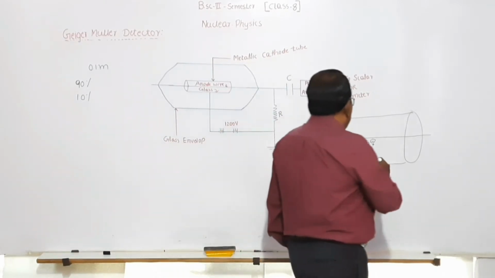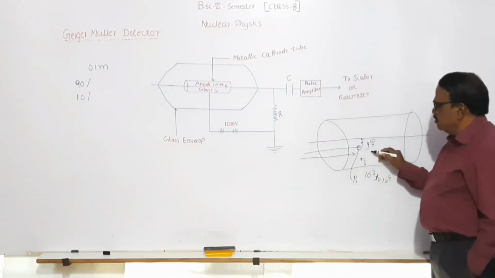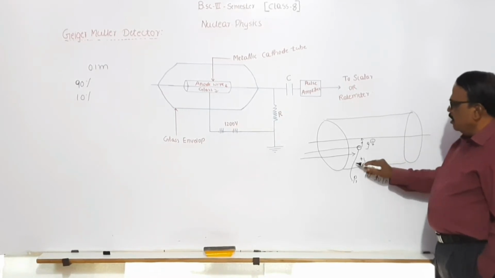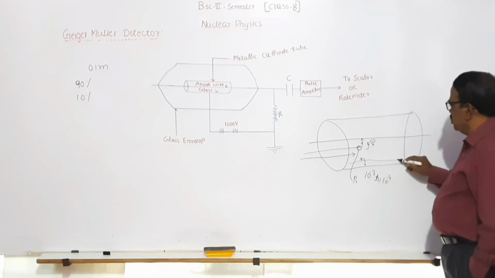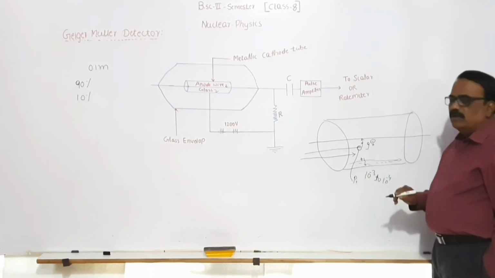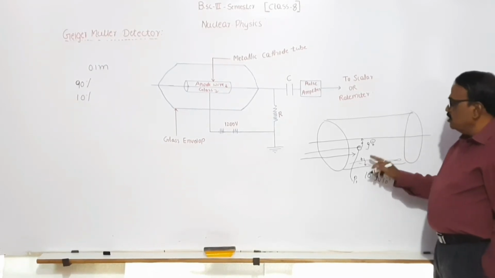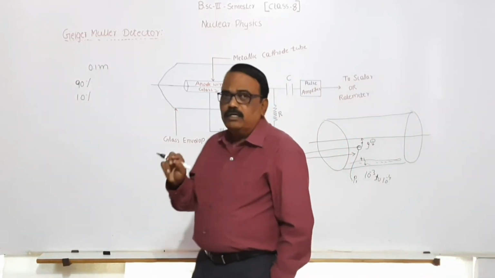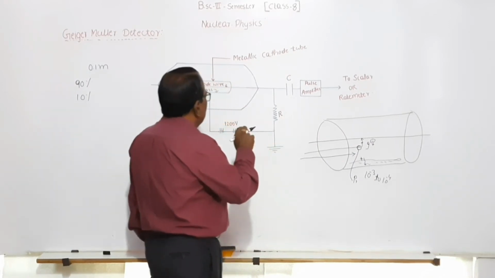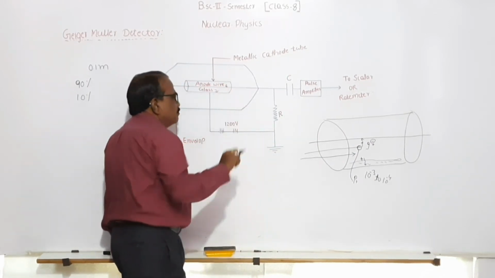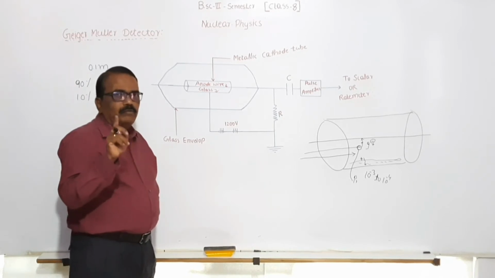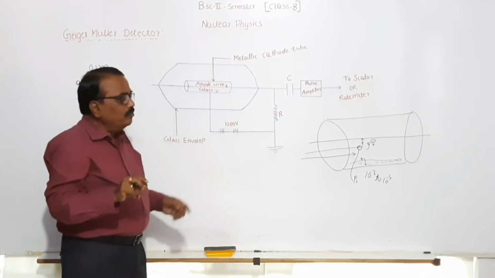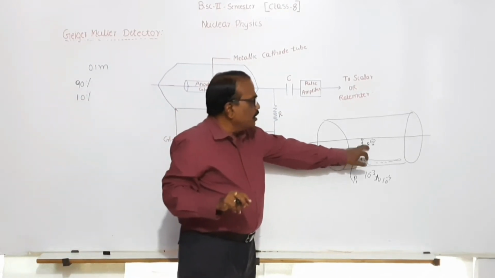Then I told that positive ions take much longer time to reach this cathode slowly, and a cascade sheet is developed here, positively charged. This positively charged ion sheet slowly decreases the field around this wire. So the time is reached such that this field is not sufficient to give energy for further ionization.